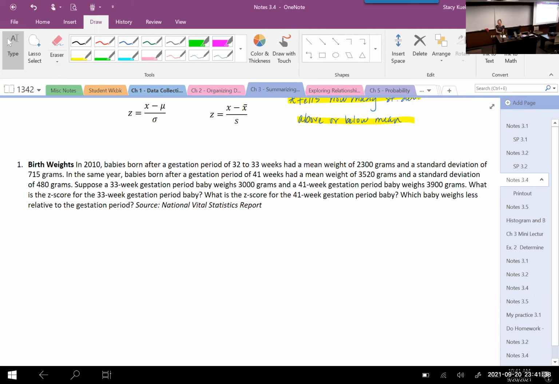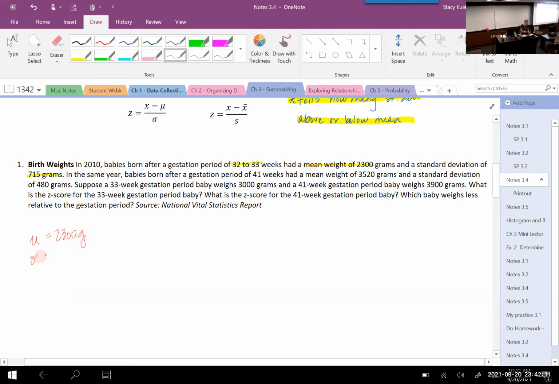So what we're talking about are preemie babies versus full-term babies in essence, right? Okay. So since you have this on your paper, my suggestion would be either to underline, circle, something like that. I always think about doing that when I have something to write on. So I've got my preemie babies who have a mean weight of 2,300 and a standard deviation of 715. So let's write that down. So I have a mean of 2,300 grams.